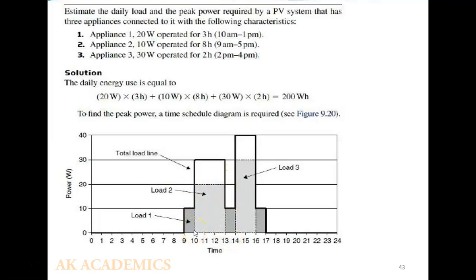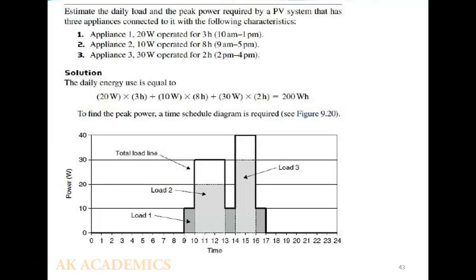Then the third load, which has a 30 watts rating and operated for 2 hours between 2 p.m. and 4 p.m., will be given here. So what you would find is, for load 3, it starts from 2 p.m. This is 2 p.m. 1400 hours is 2 p.m., and then the rating is 30 watt.